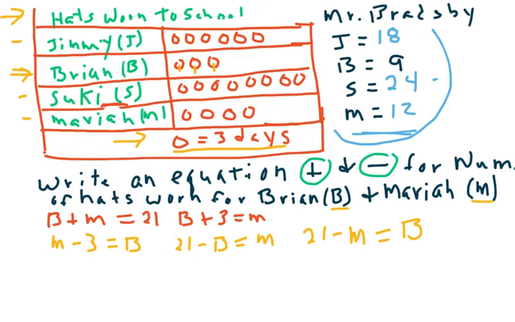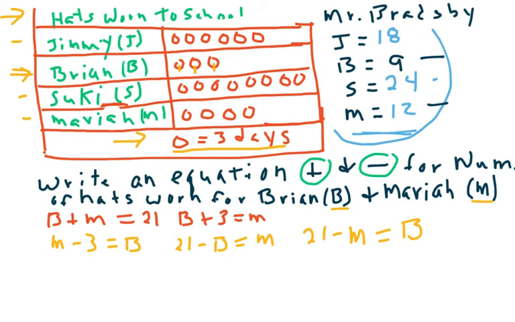We take Brian, who has 9, and Mariah, who had 12. Well, Brian, 9 plus the 12, the days they wore hats, 9 plus 12 is 21. So Brian plus Mariah was 21 days they wore hats.